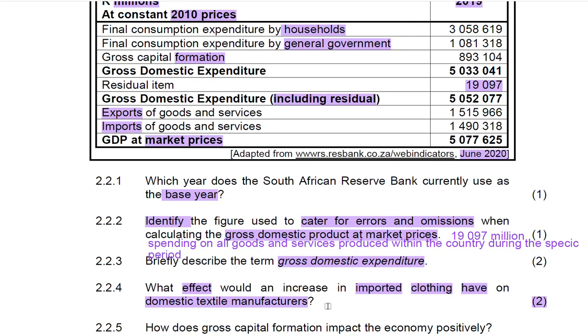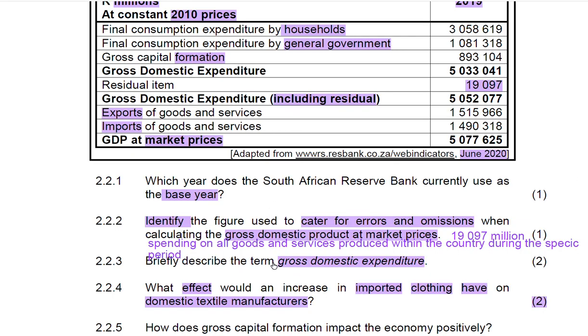The quality of their product should improve and they will become more competitive in the global market. If the quality of their product improves, they can prove that they are producing better quality than what we are getting from Shein, which means they stand a better chance to gain market share.